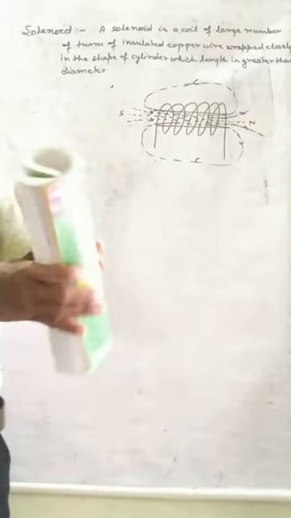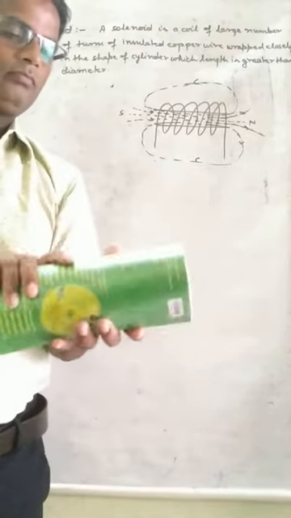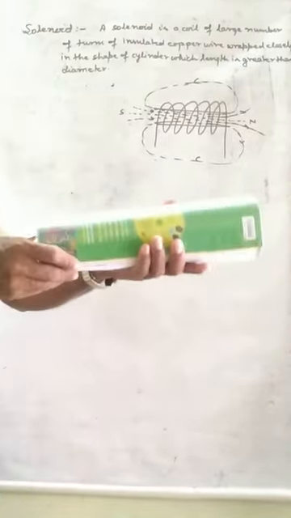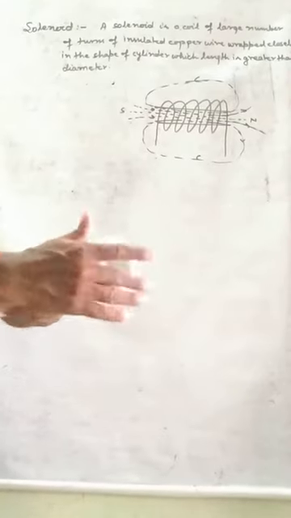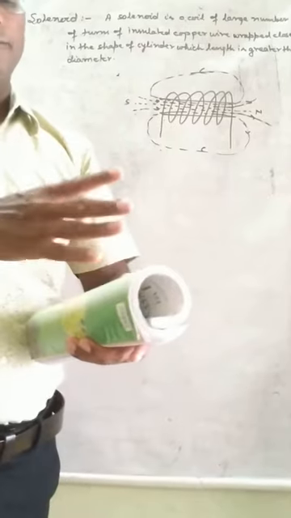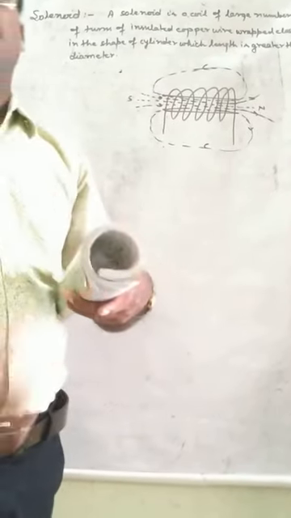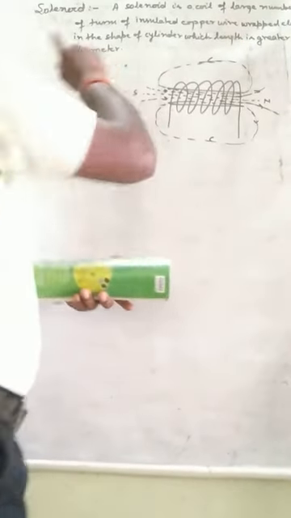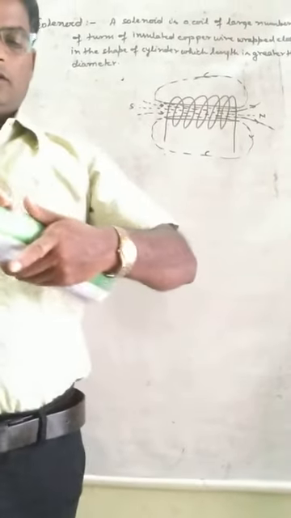One example I will take here, one demonstration like this. Suppose this is insulating material. We make the form of a cylinder like this. What should you keep in mind? The length of this cylinder is always greater than the diameter of the cylinder.